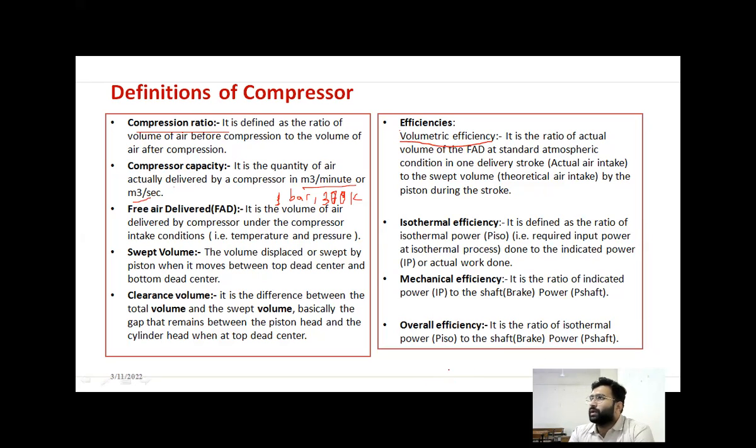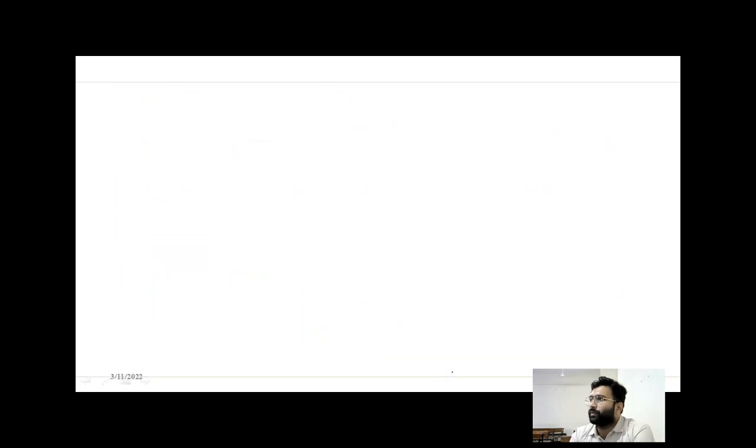Now next is isothermal efficiency. Before that, let us understand the PV diagram for the compressor. If you refer to the diagram you drew yesterday, let us draw a PV diagram for the compressor with no clearance volume. Pressure versus volume.